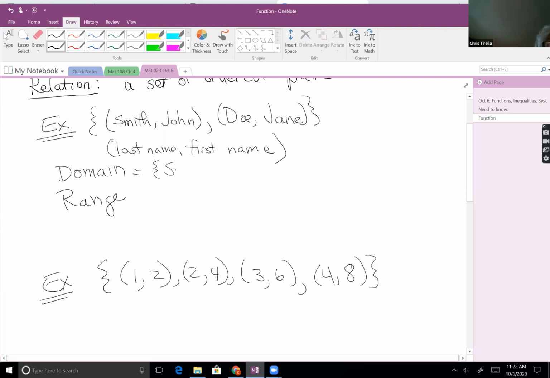So it would be Smith, then Doe, or it would be the set of last names. And the range would be the second member from each pair. So it would be John and Jane, or it would be the set of first names.